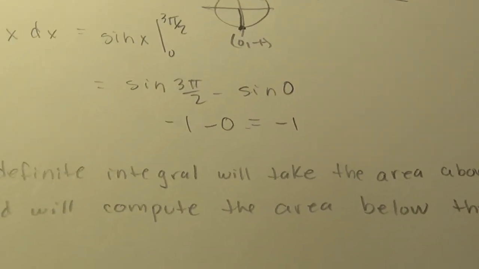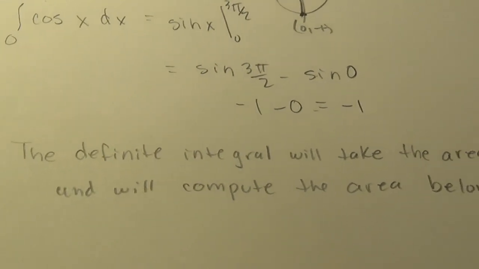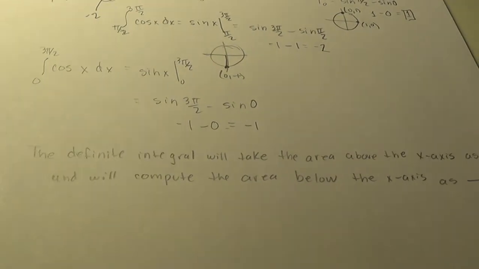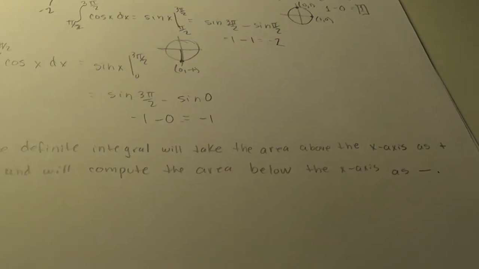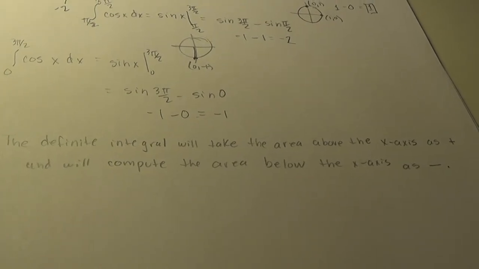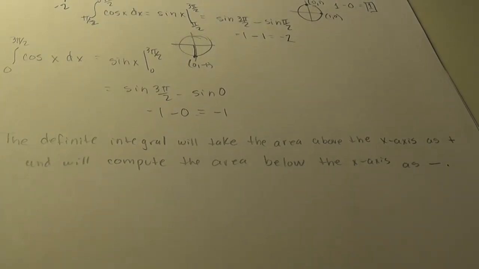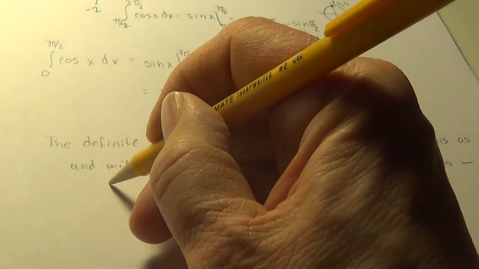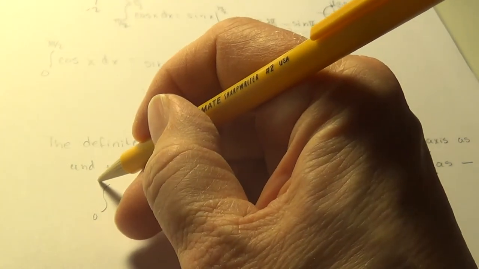All right, so you already knew that, I hope, but I'm just going to emphasize it. The definite integral will take the area above the x-axis as positive and will compute the area below the x-axis as negative.